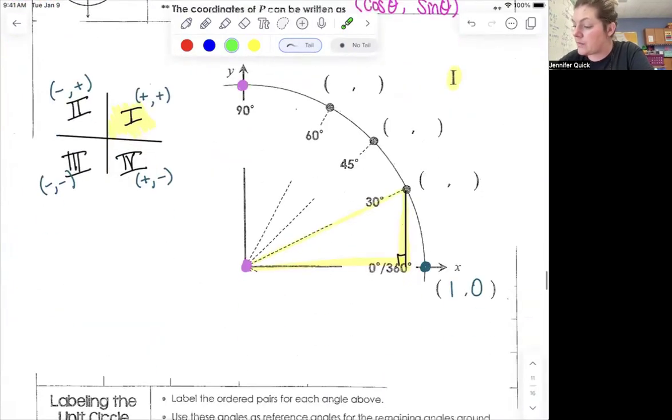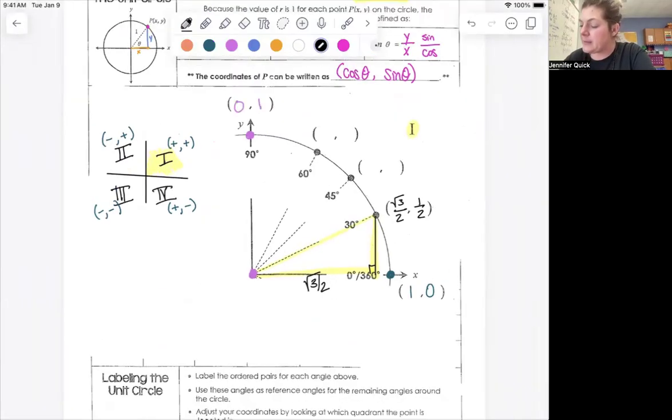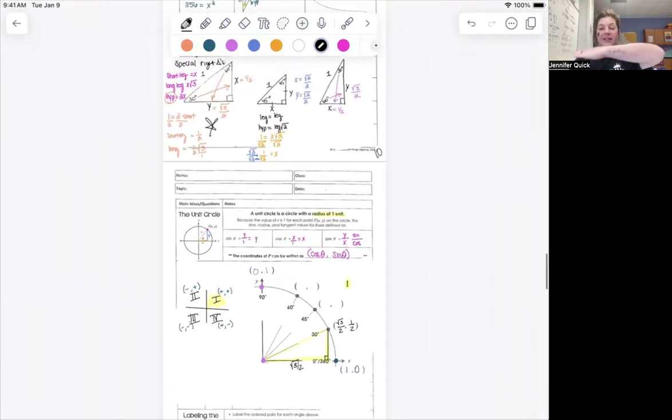So I go over the square root of 3 over 2, and I go up 1/2, because that is this leg and then this leg put together. That's how many I go up and over.